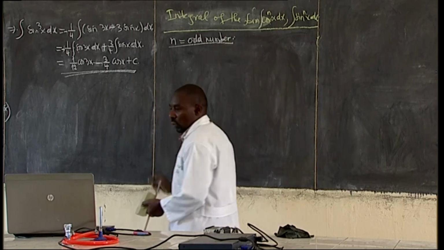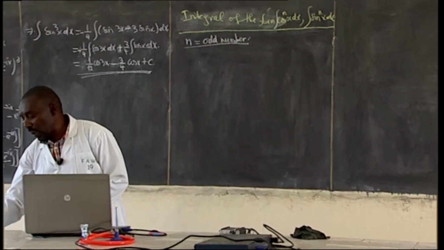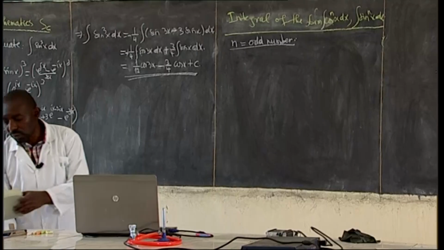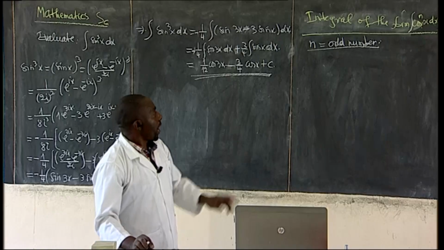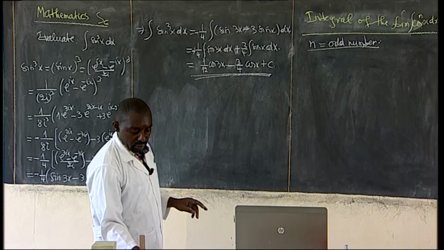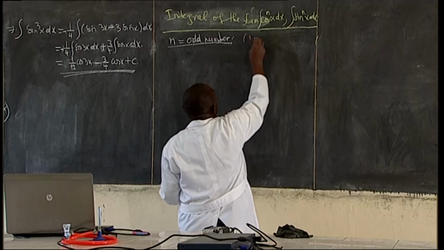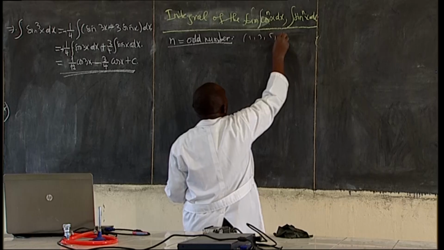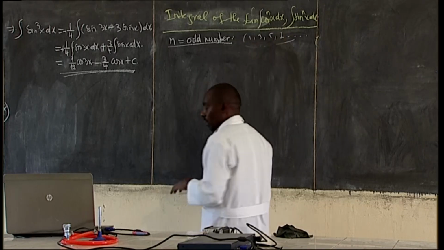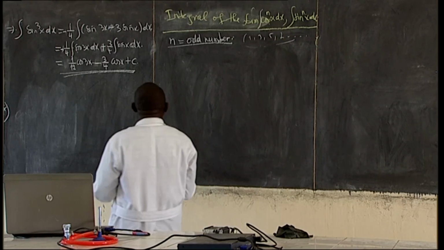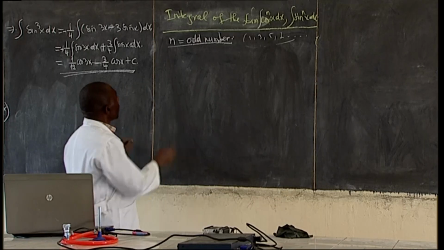How to evaluate those kind of integrals where n is odd number? Odd number, understand that 1, 3, 5, 7, and so on. Okay?